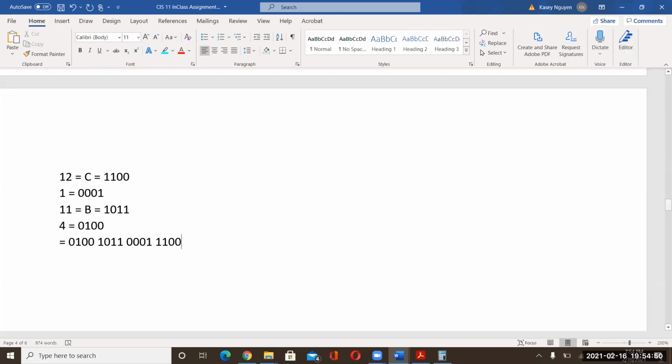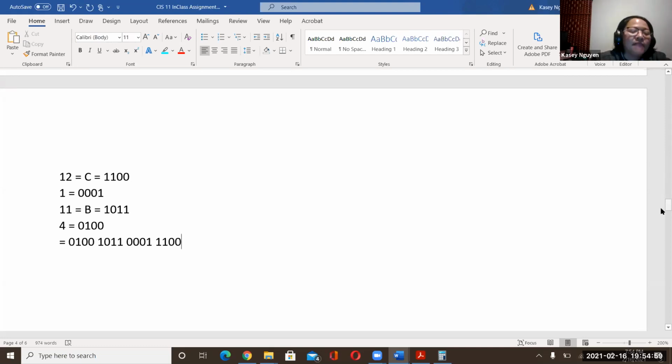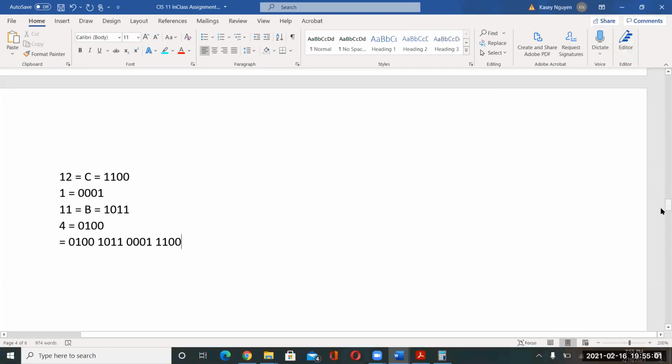Hey, Professor, would you say a shortcut to this is that when the number is odd, it's going to end in 1, and when it's even, it's going to end in 0? Yes, because the least significant bit, the rightmost bit in binary, is going to be 1. So yes, if it's odd, it's going to turn that 1 bit on.